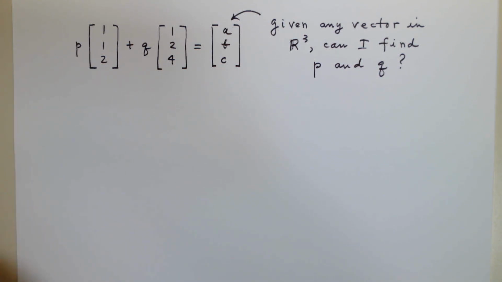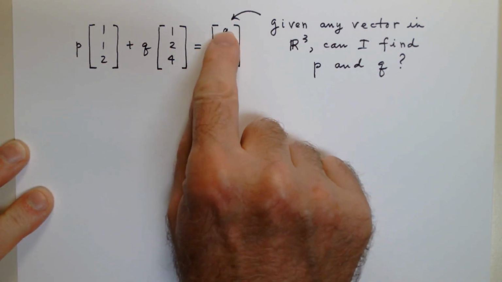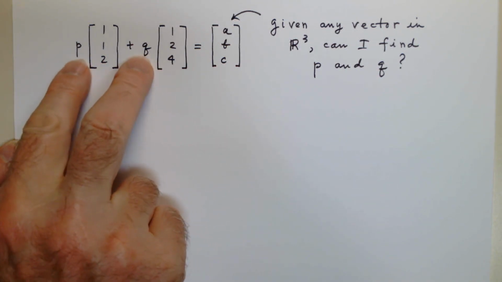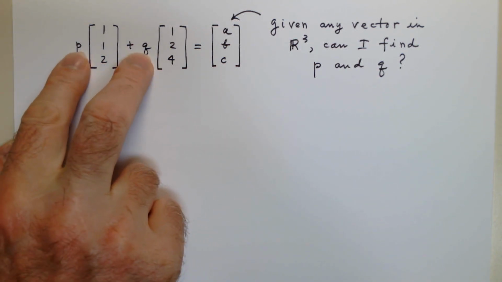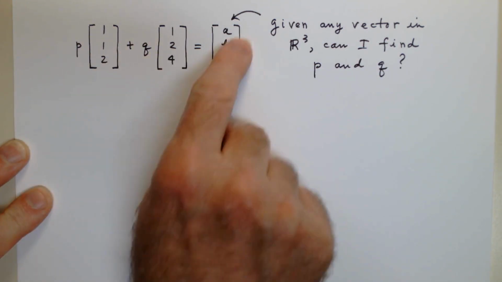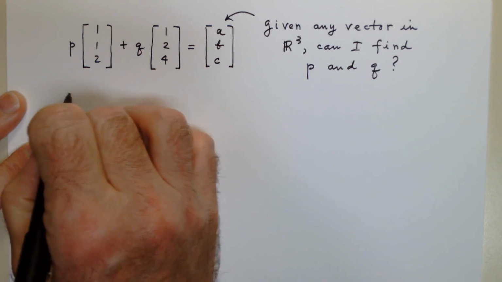Now, one way to think about that is if I hand you an arbitrary vector in R3, so just think of a, b, and c as some arbitrary components, can I always manufacture a p and a q so that p times this vector and q times this vector will produce that vector (a, b, c)? All right, so we know that this question can be solved by looking at the corresponding system of equations or the corresponding augmented matrix. So we're going to cut to the chase.